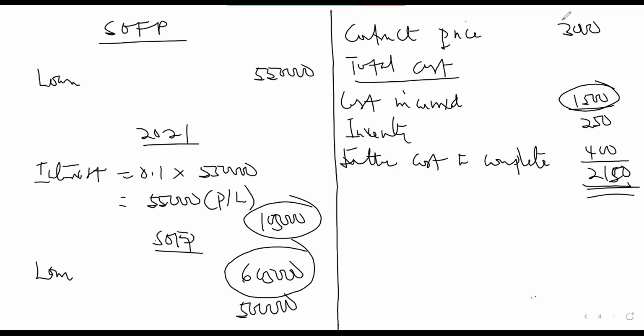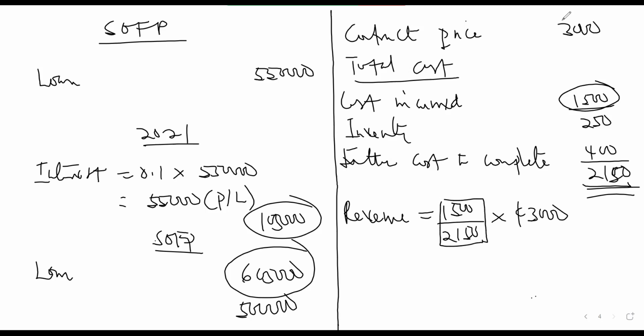But the question is asking us to calculate the revenue and also calculate the cost of sales. So the revenue will be calculated as the cost incurred to date, which is calculated as a percentage of completion multiplied by the contract price, which is 3,000. So the percentage of completion is this one.